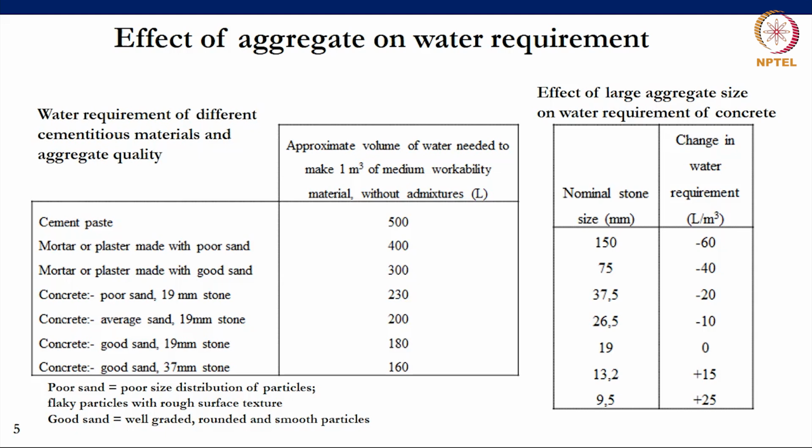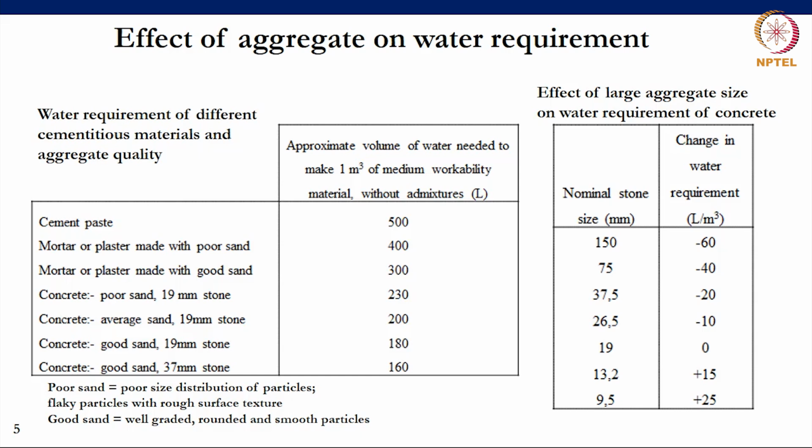And what this table also shows is that if you have a good sand and you use a 37 millimeter stone size, you could get down to 160 liters of water to produce a cubic meter of material.